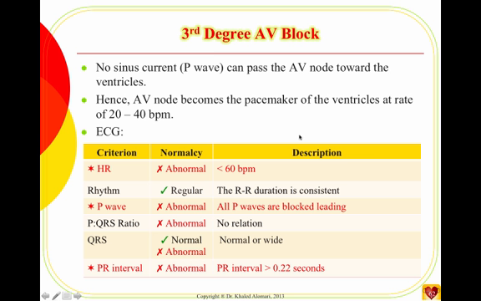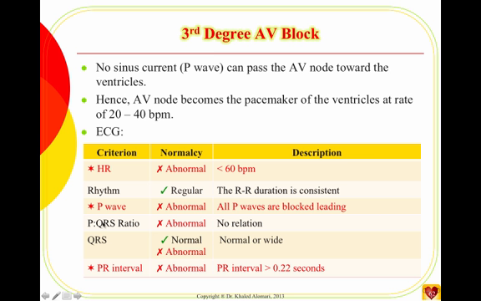So the bundle of His will fire, and it's always below 60. It's regular because there's no sinus problem here, so the P is coming from the SA node, but they just don't pass. All the P waves are blocked, and that leads to independent firing from the ventricles.